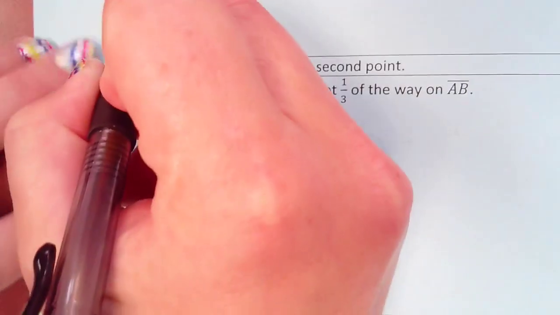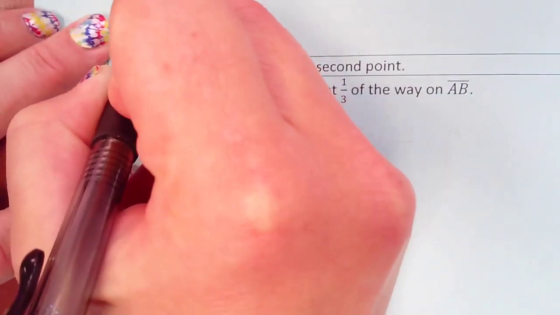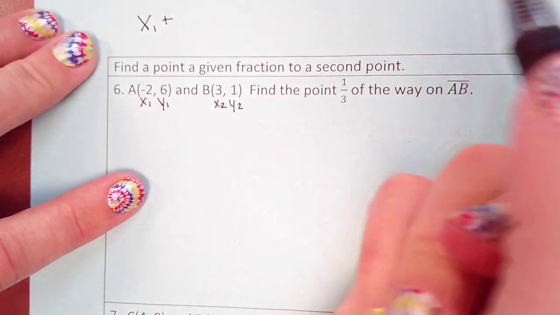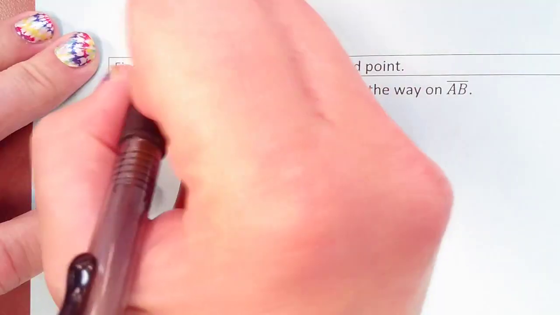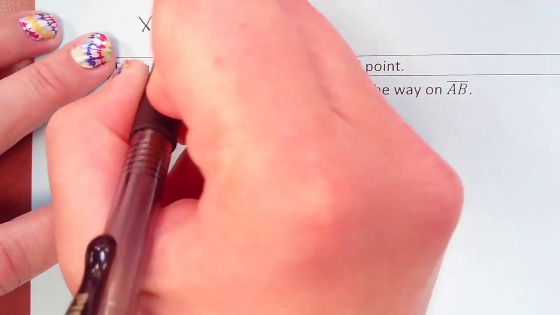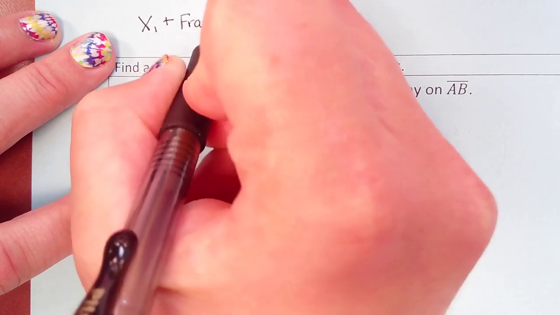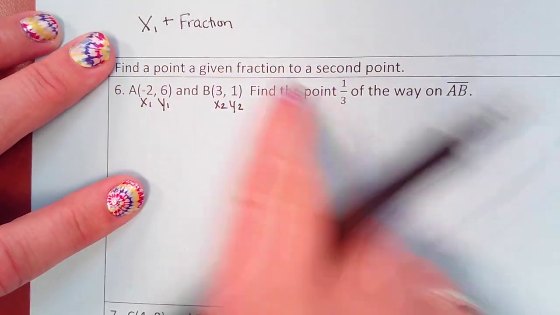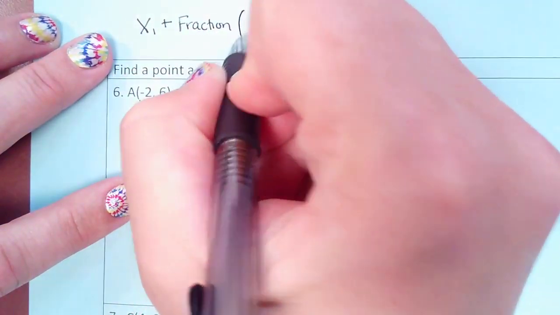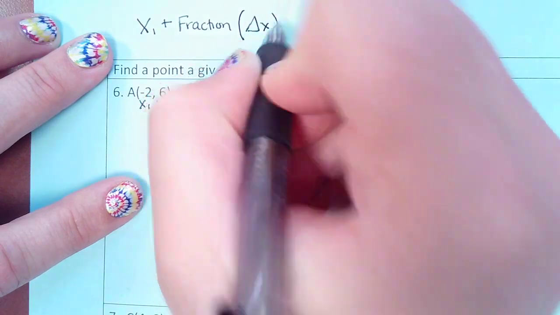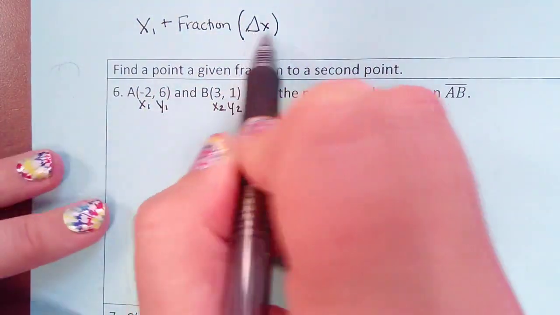So this time it's written like this. It's x1 plus, and this is again an ordered pair, plus the fraction, so whatever we're multiplying, so a third of the way, times delta x, so the change in your x's, x2 minus x1.